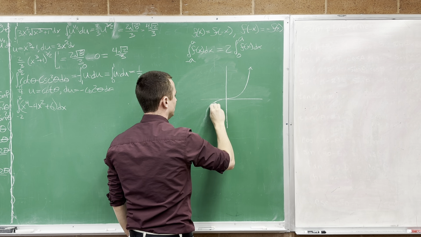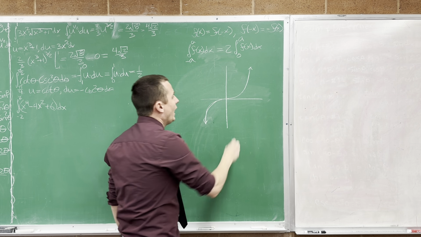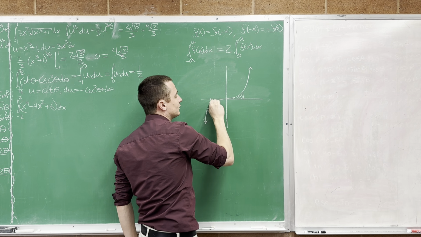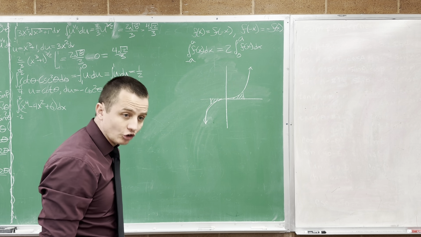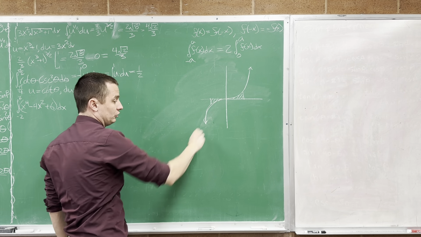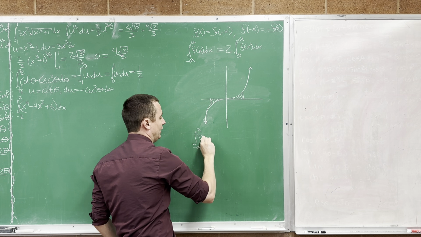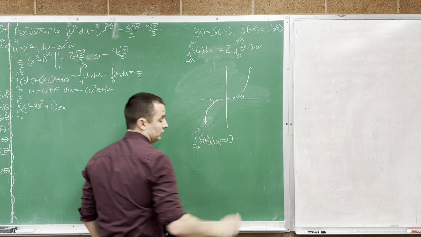It's symmetric with respect to the origin, but that means whatever area you have over here is perfectly canceled out by area over here. So if I know that my function is odd, then the integral from negative a to a of f of x is always equal to 0.